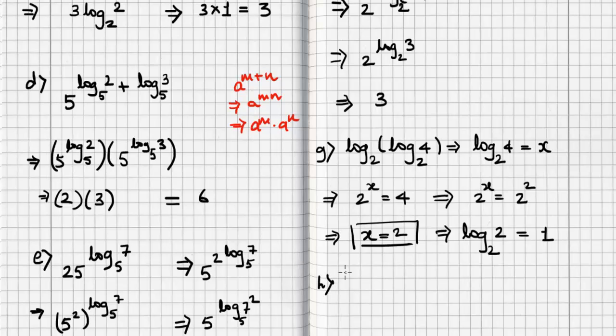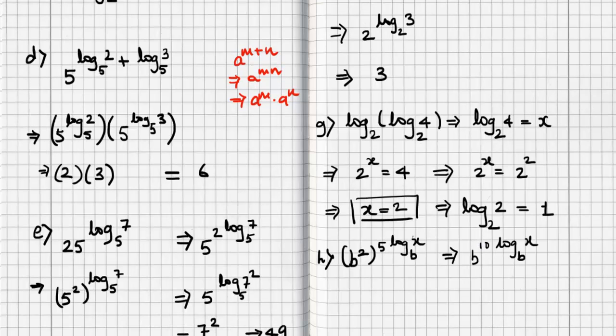H. b square to the power 5 log of x to the base b. Okay. Now this I can write as b to the power 10 times log of x to the base b.